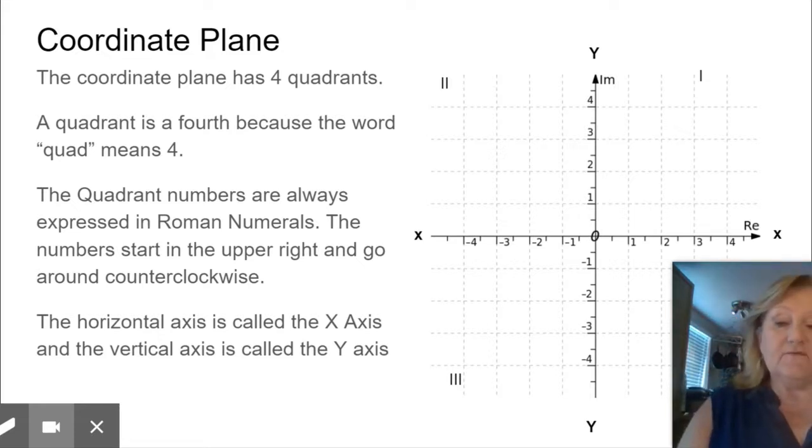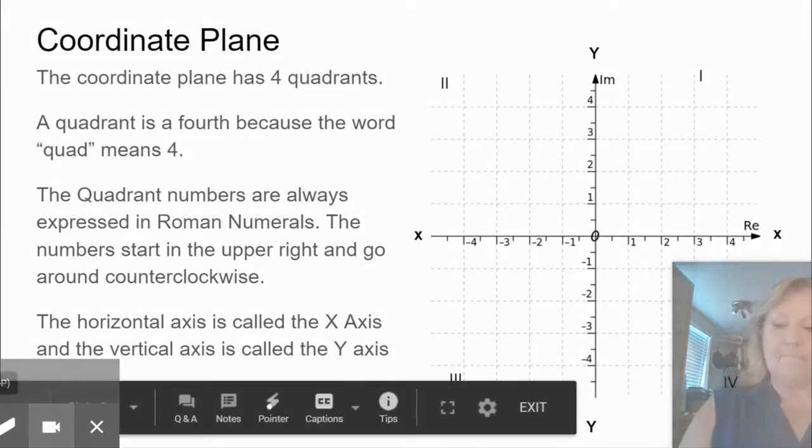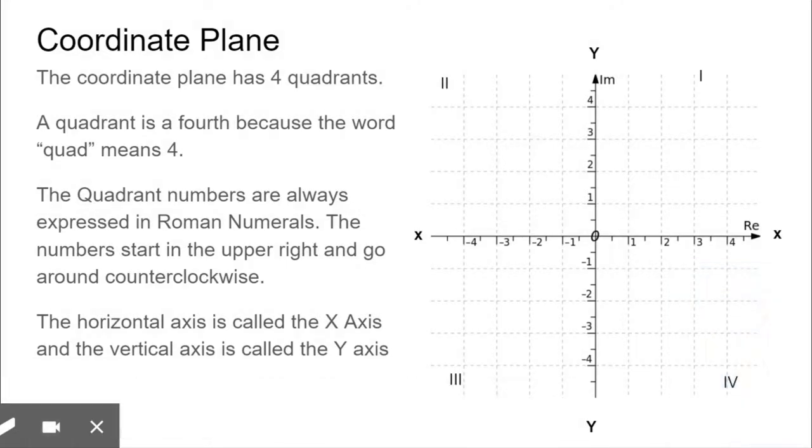Okay, my face is covering up quadrant number 4, but I'm going to move out and talk in just a second. Now you can see quadrant number 4, sorry. The quadrant numbers are always expressed as Roman numerals, and the numbers go counterclockwise. The horizontal axis, which means the number line going back and forth, is called the x-axis.